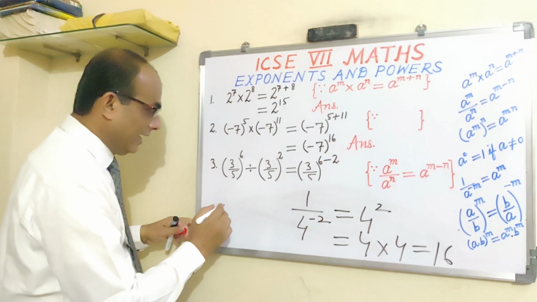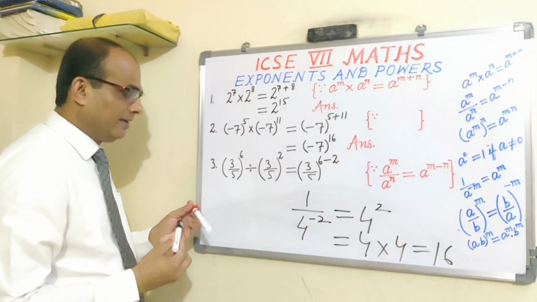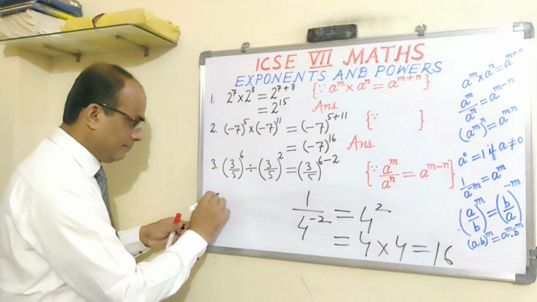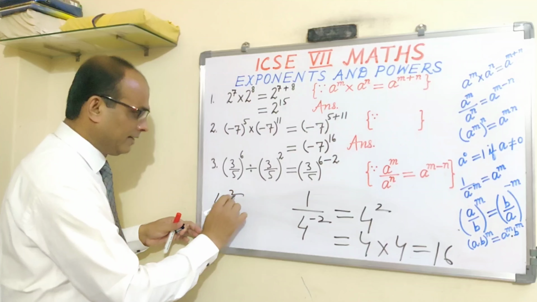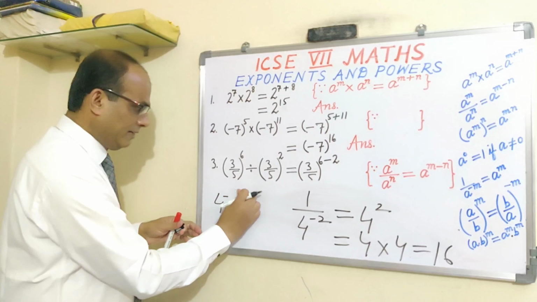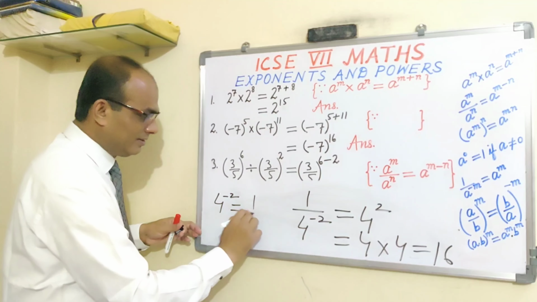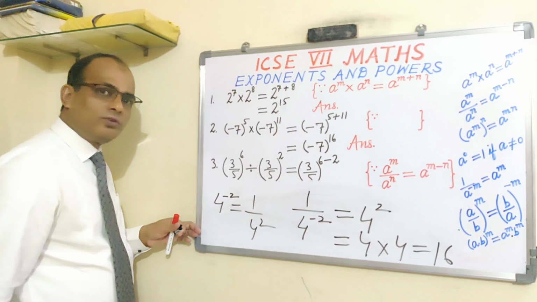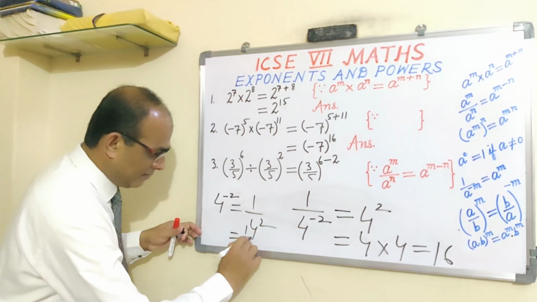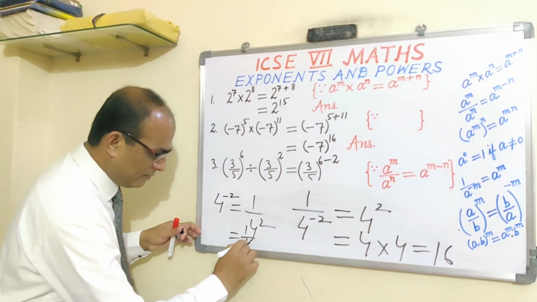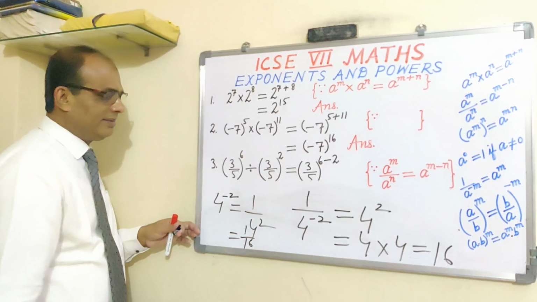And if here it is plus, for example, suppose you have 4 raised to the power minus 2. Now you want to make it plus, then take it down. So it becomes 4 squared, and this gives you 1 upon 4 squared, which means 1 upon 16. 4 fours are 16.